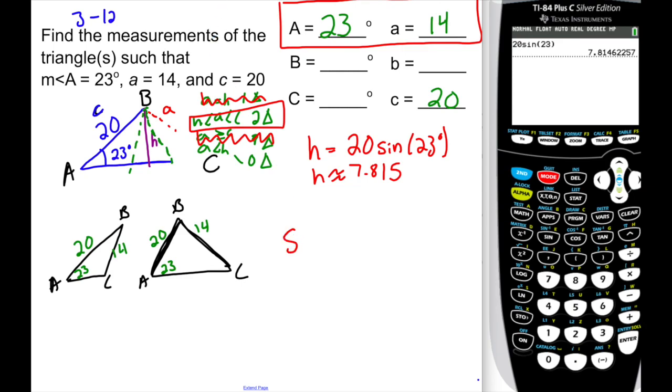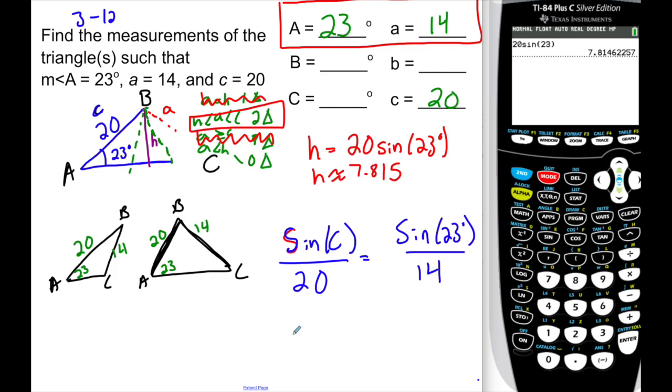Okay, so to find C, what I know by the law of sines, let me do this in blue, is that if I take the sine of C and divide by its corresponding side length, which is 20, what I have to get is the sine of 23, which is the sine of A, over its corresponding side length, 14. So the sine of C is equal to, if I multiply that 20 up there, 20 sine 23 over 14.